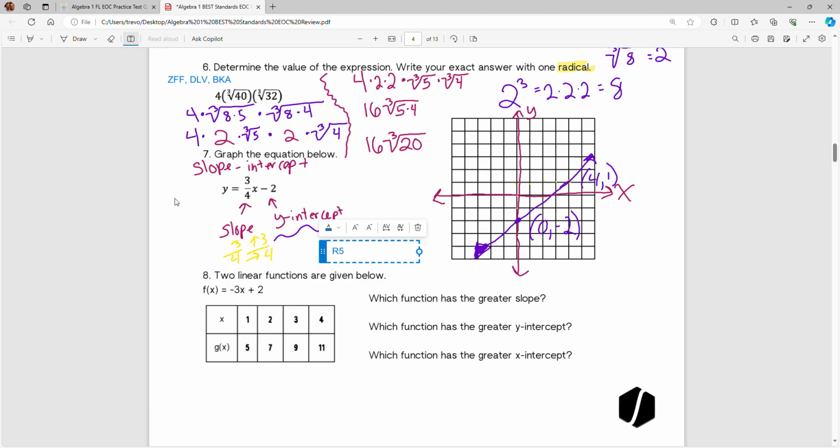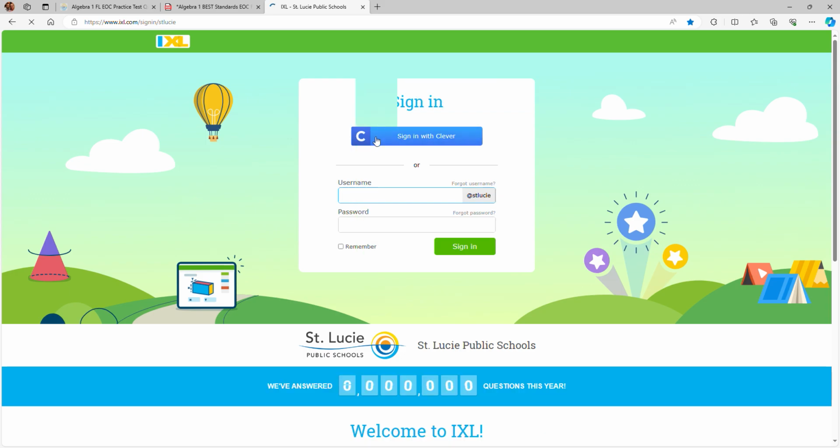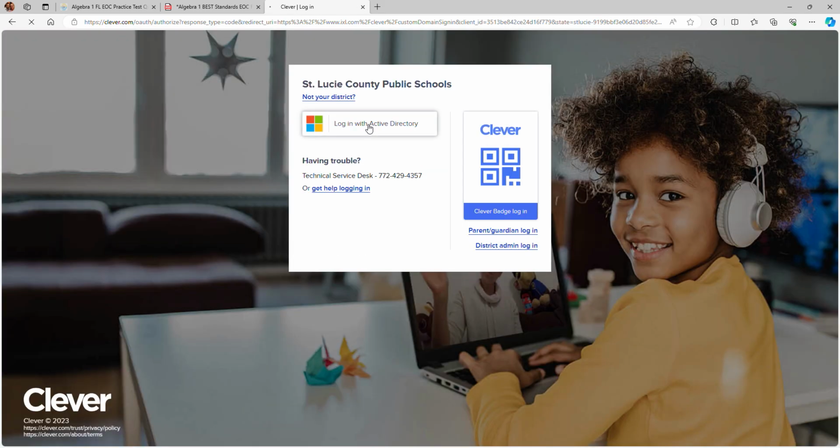To get some more practice on this, I know we did this in class, but I would recommend R5T we did in class, UWB is a lesson we've done in class. And I also have one we didn't do, 9GW. IXL, sign in.